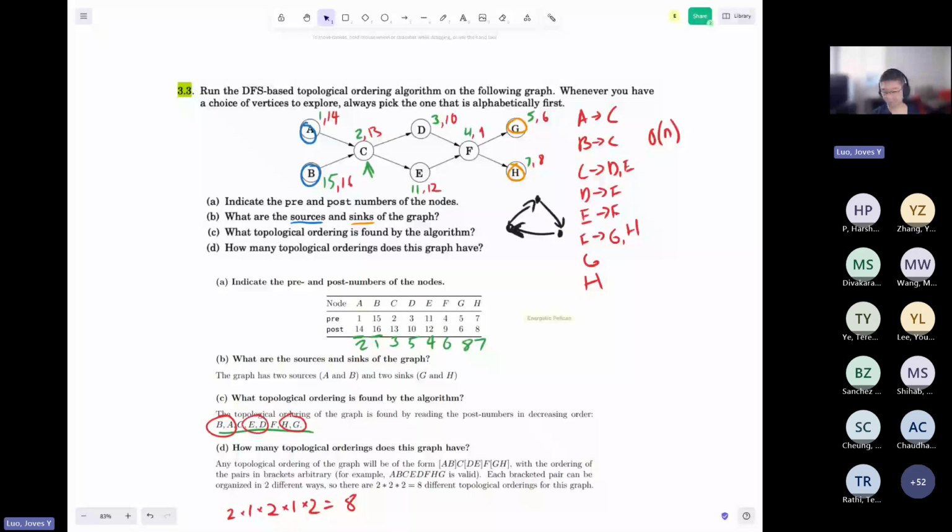Okay, Brianna? I have two questions. The first one is about pre and post numbers, and finding sources and things. I understood, and I think I will go with that approach: when you have the meta graph, like the example we're seeing right here, finding sinks and then reversing, finding the other sinks, so you identify both sources and sinks. But I think that will be O(N plus M), because at the end you are reversing the graph, right?